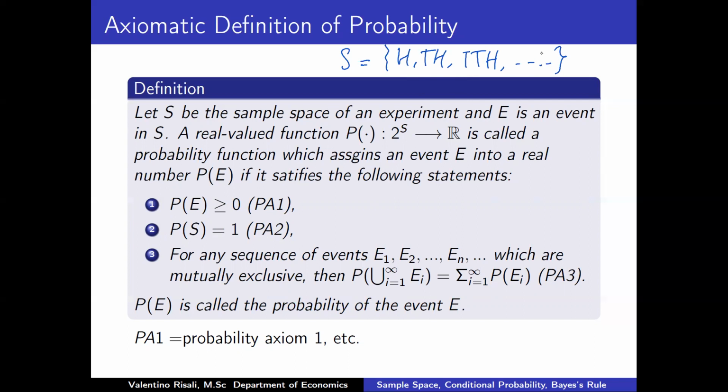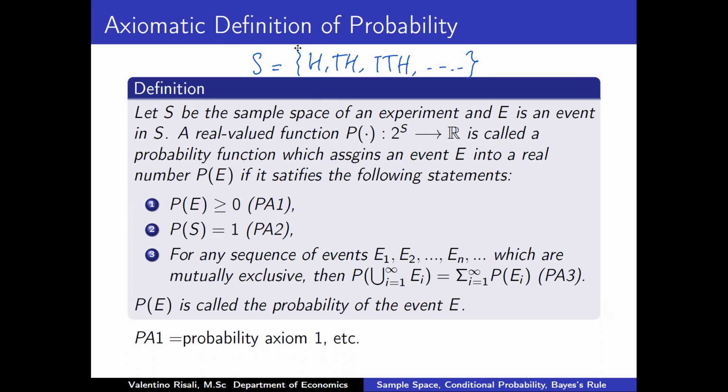We have a problem here, because if we use the classical definition, we must divide a number by infinity, and it doesn't make sense for this experiment. So scientists developed a definition that generalizes the classical definition. They call it the axiomatic definition of probability.